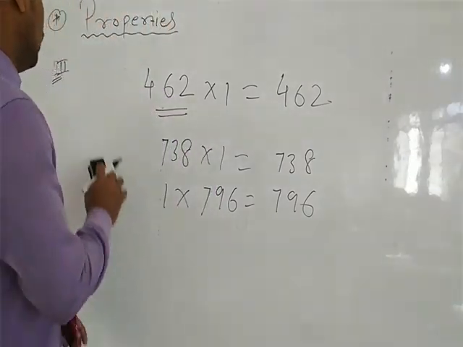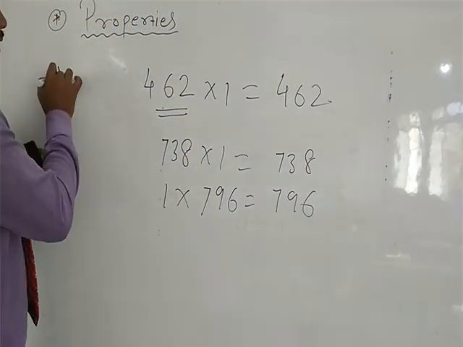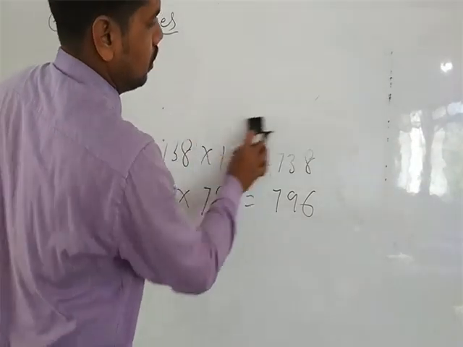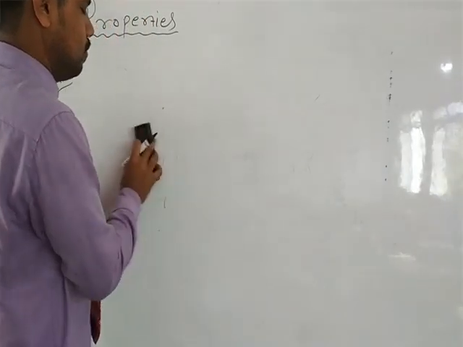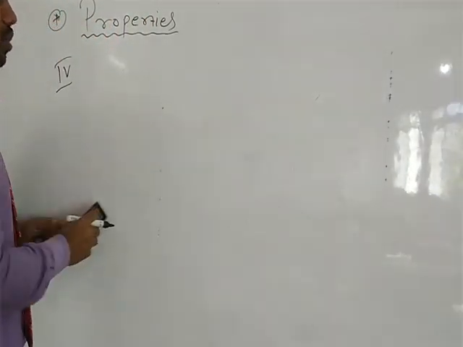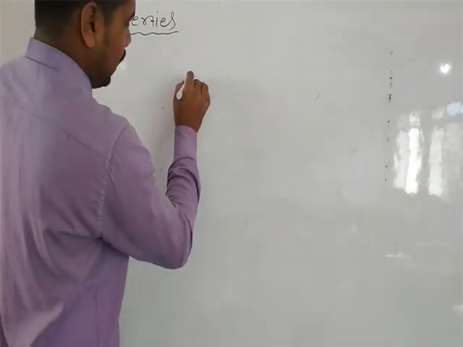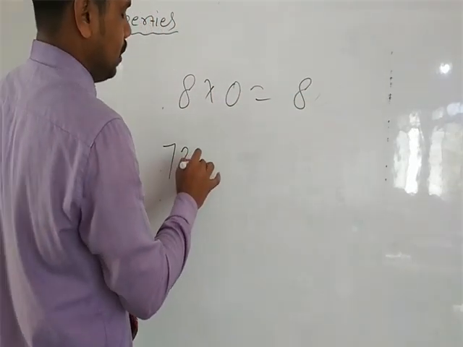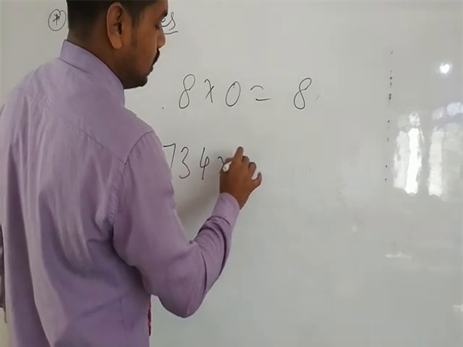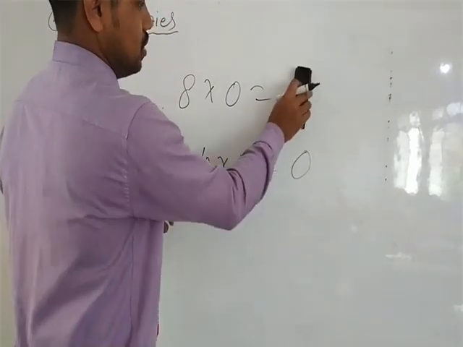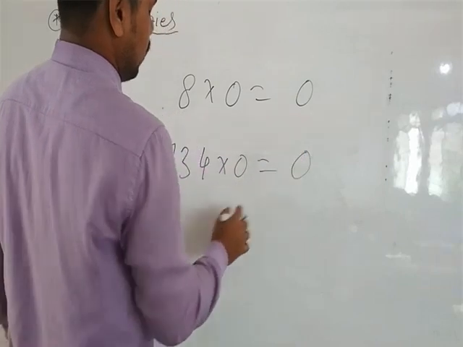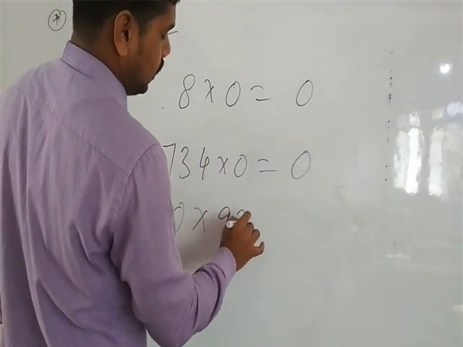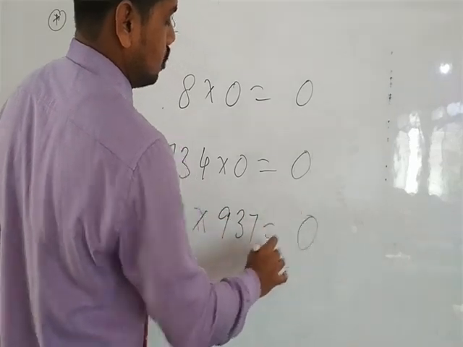The next property is property number 4. It says that if you multiply 0 with any number, then the answer will always come 0. So suppose 8 multiply 0 is 0. 734 multiply 0 is 0. 0 multiply 937 is also 0.